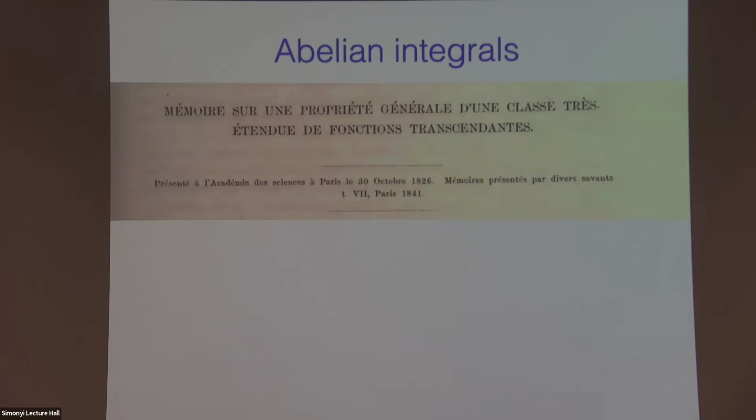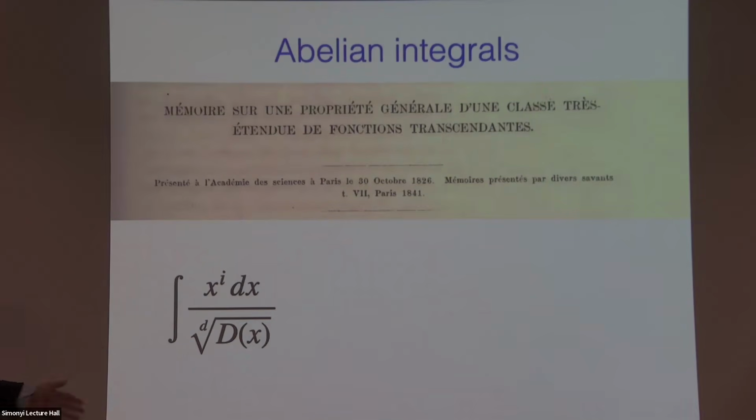So this paper, 1826, is devoted to studying integrals, a very large class of transcendental functions. So the typical transcendental function considered here is something like this: one is given a polynomial, say you even know the roots of the polynomial this time, it has n roots.